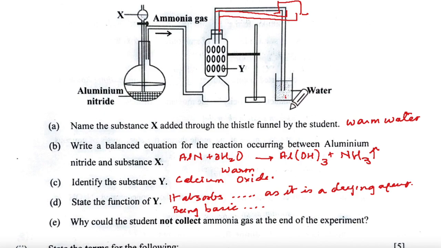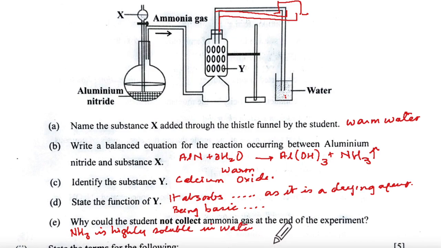Now water is going to absorb ammonia because ammonia is highly soluble in water. So he's collecting it over water. What would be your reason for that? You will say that ammonia, I'm writing the formula, is highly soluble in water.